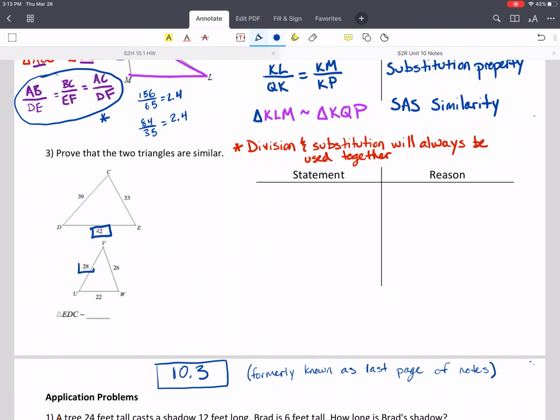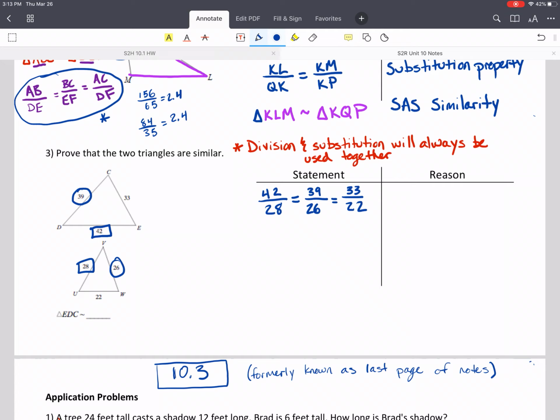My largest side over here is 28. My next largest side on top is 39. The next largest side below is 26. And that leaves 33 and 22. So we're just going to check those in our calculator to make sure that those are equal to each other.